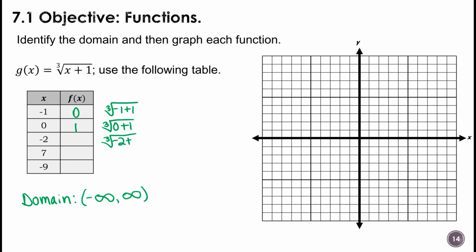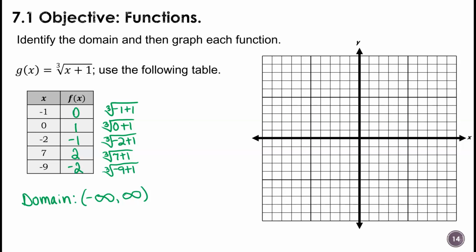Negative 2 plus 1 is negative 1, and the cube root of negative 1 is negative 1. 7 plus 1 equals 8, and the cube root of 8 is 2. And negative 9 plus 1 is negative 8, and the cube root of negative 8 is negative 2.